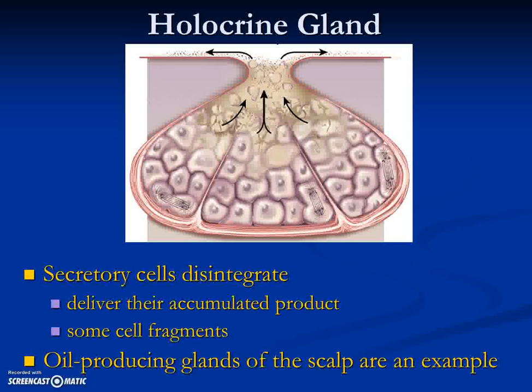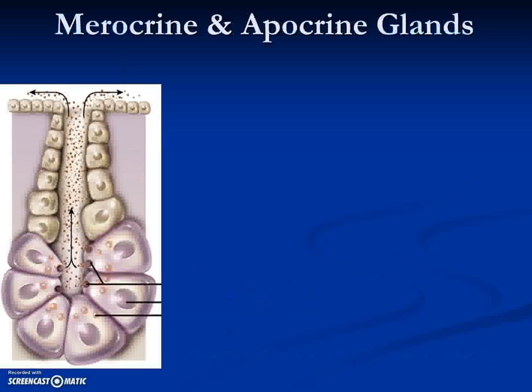And then opposite or different than a holocrine gland is a merocrine gland, of which there's another specialized merocrine gland called an apocrine gland. And these glands use exocytosis. And you have to remember what exocytosis is, maybe from high school biology. But it's the process of which it develops the products inside the cell, and they're contained within a vesicle. And that vesicle moves through the cell, fuses with the plasma membrane, and then releases its products, in this case into a duct.